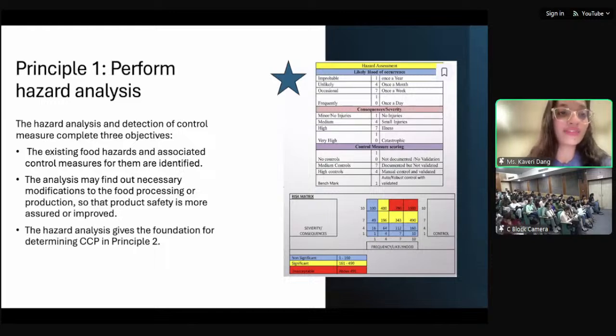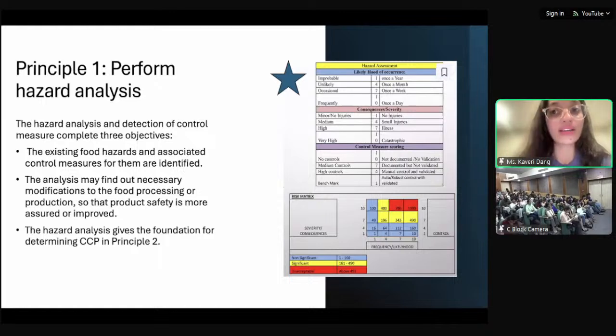So we are identifying the problem that needs to be taken care of, right? So there is an example of how we do hazard assessment. For you guys, I will just give an example of, let's say, what are the chances that I might get salmonella in my facility or salmonella in my food production environment.